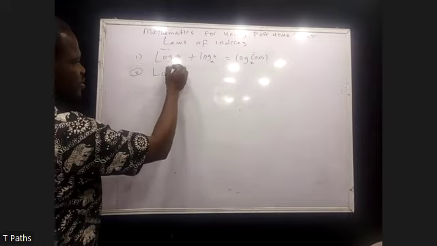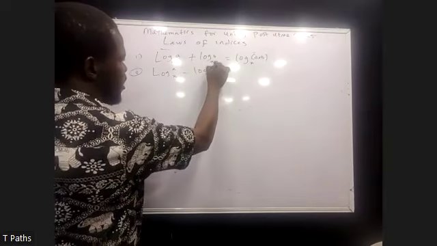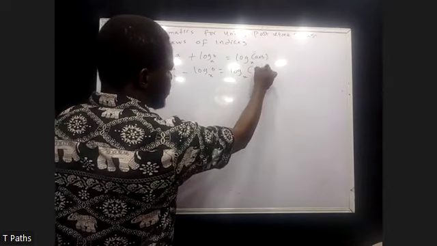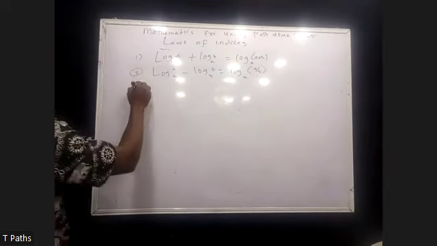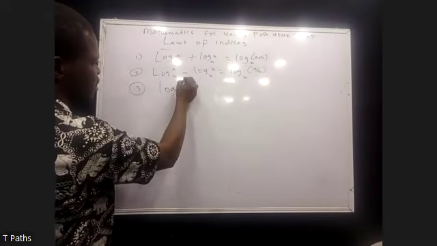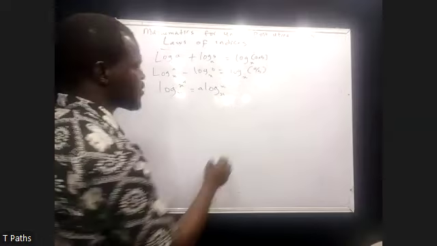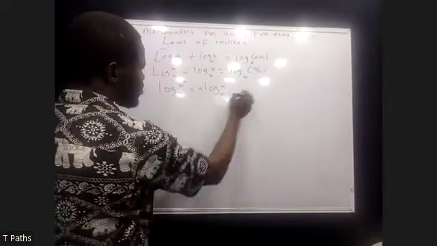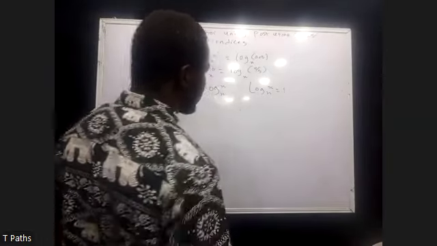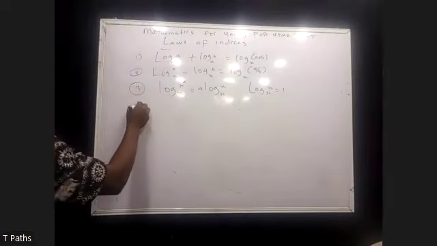Log X minus log S is equal to log what? 3 log X is the same thing as log X cubed. And log of the same base: log 2 2 equals to 1, log 4 4, log 5 5. Right? Number 4.